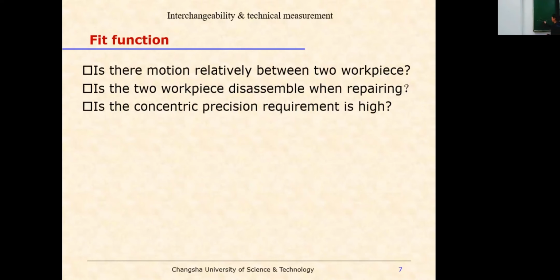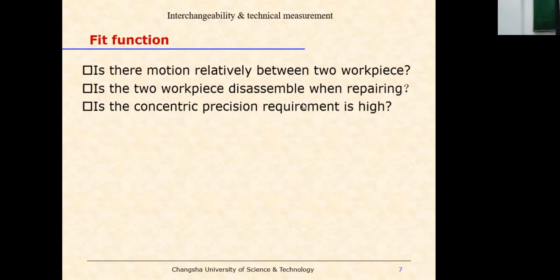If there is some clearance, when rotating they don't have the same center, right? So if it requires concentricity precision, we choose interference, right?